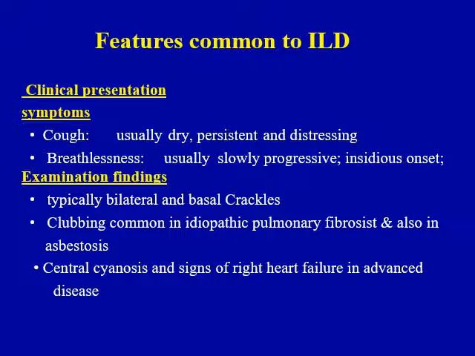And there is breathlessness, shortness of breath, which is usually progressive exertional dyspnea of insidious onset. The patient may have fatigue and weight loss, but the main specific symptoms are dry cough with progressive exertional dyspnea. By physical examination, there are typically bilateral basal crackles or crepitations.